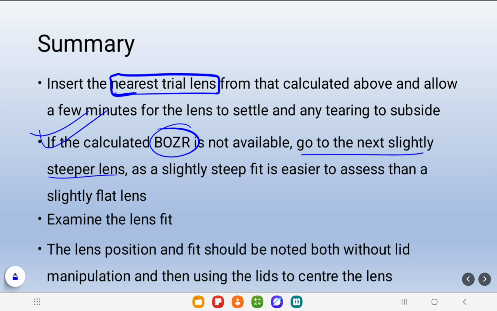Then the position and the fit should be noted both with lid manipulation and then with the lids off the lens. So basically, whenever you insert the contact lens into the patient's eye, you let the patient stay calm for the adaptation period, and after that adaptation period, when doing examinations, for example dynamic and static fitting, you will examine in two ways.